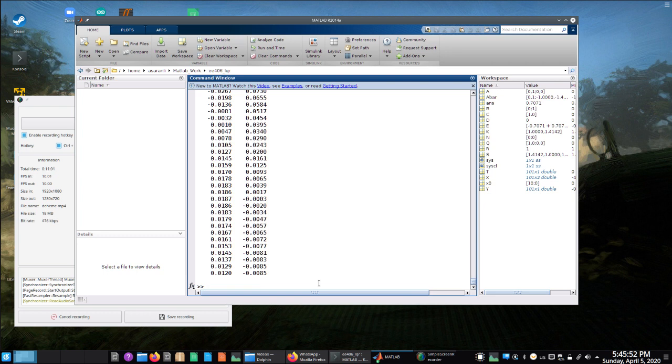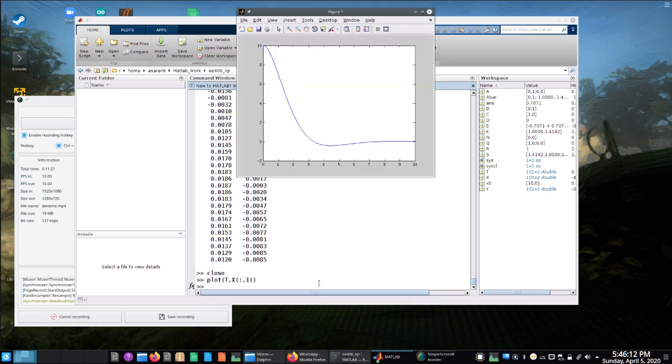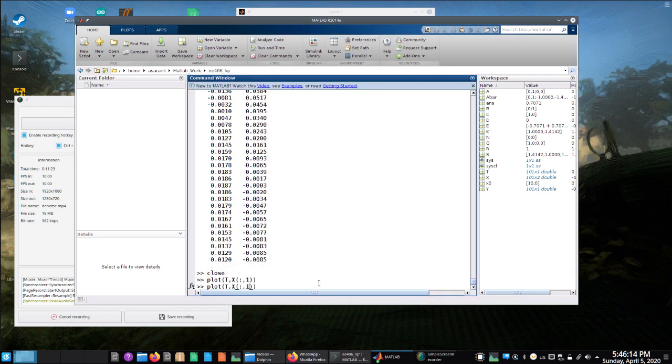The second state is the velocity, remember. So I can also close my plot, plot t and the first column, which is my first state. This will give me exactly the same plot, but I can also plot the second state.